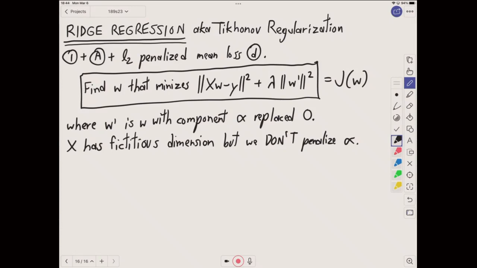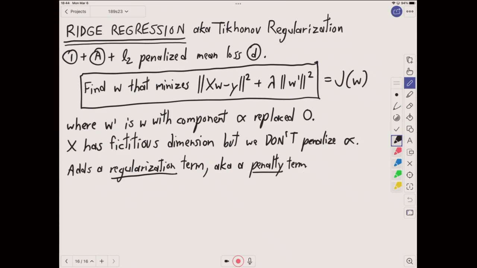So again, this thing looks just like least squares regression, except we've added this extra thing called a regularization or a penalty term. And the purpose of adding that regularization term is often called shrinkage.